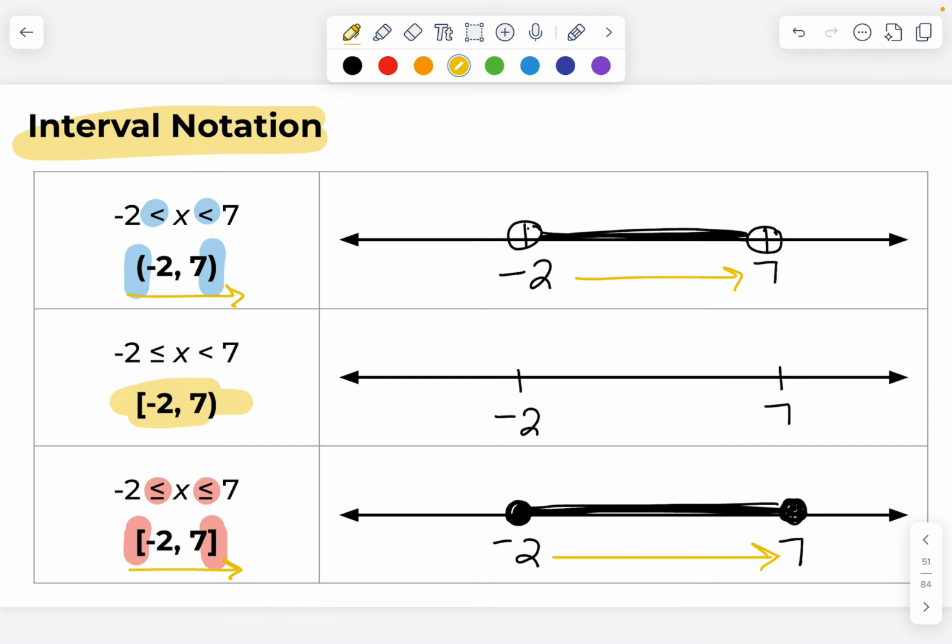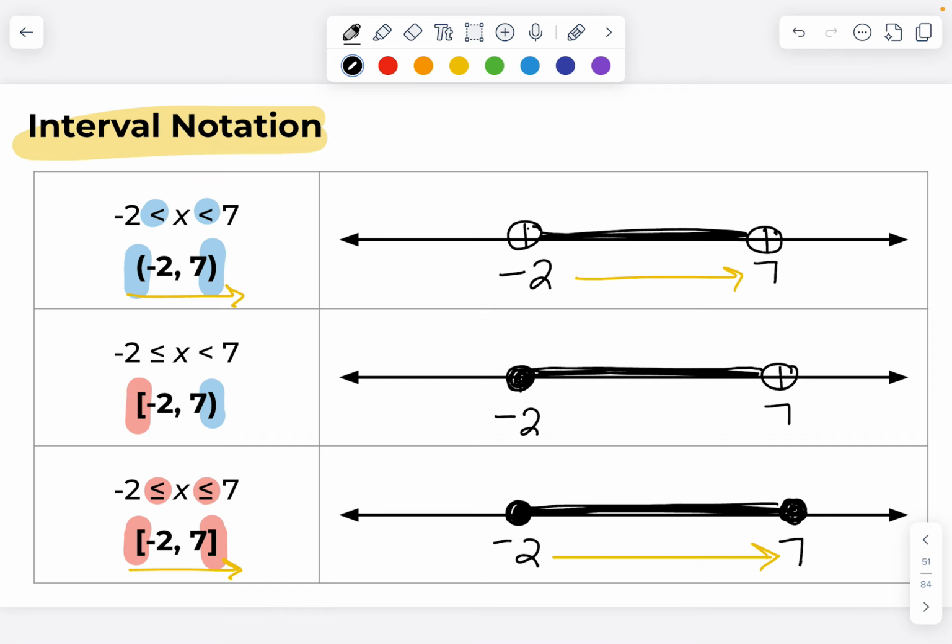We can also notice these examples had the same inequality symbols. We can also do one where we have a combo of the inequality symbols. So we are less than 7, but we are greater than or equal to -2. The way we would draw that is we'd have a closed circle at -2, an open circle at 7, and we would still shade everything in between.